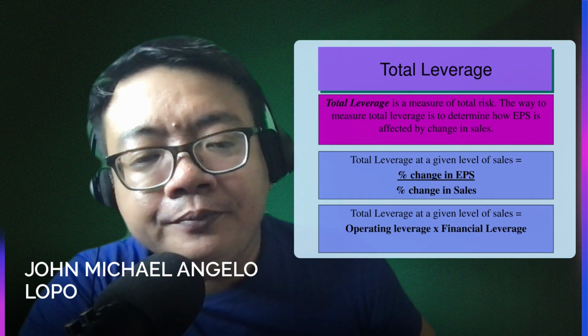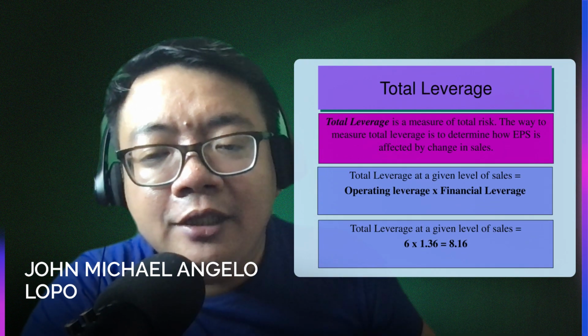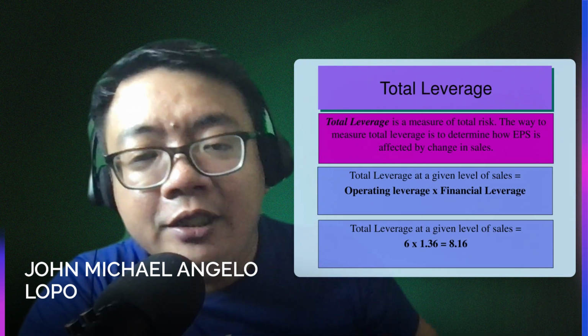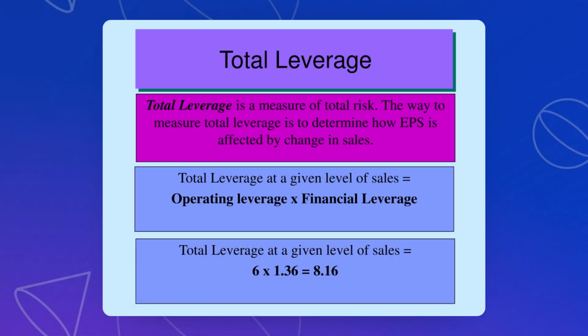So meaning, class, in terms of total leverage, a while ago we computed an OL of 6. Just multiply it by the 1.36 of your financial leverage, and the answer here is 8.16.